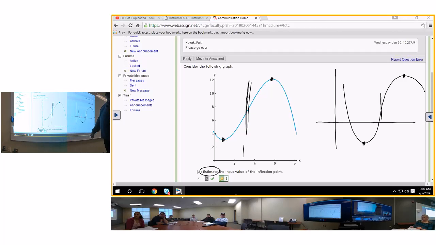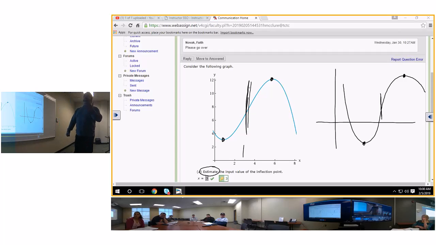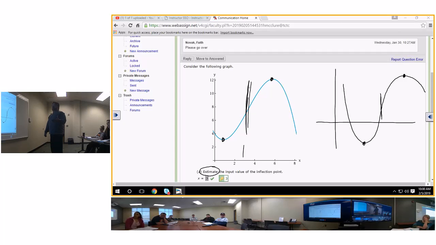I don't know if they give you a 0.5 tolerance in the answer. I don't know if anybody put in 3.5 or put in 3.2. Did it accept the answer? Did anybody try that? Okay. There may be a tolerance in the question. You might have put 3.2 and they might accept it because it does say what? It says estimate.